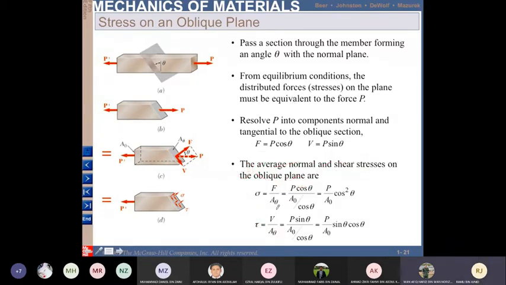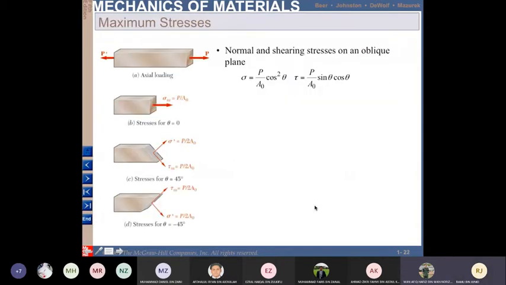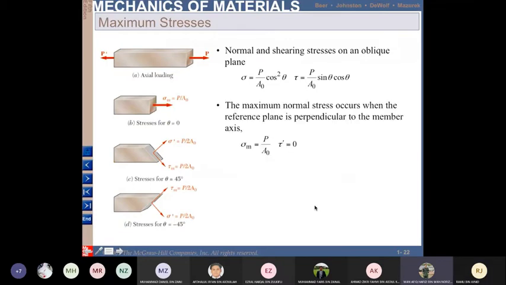So that is why you got this. And then this one is the normal stress. This one is the shear stress. So the maximum stress occurs when the reference plane is perpendicular to the member axis.